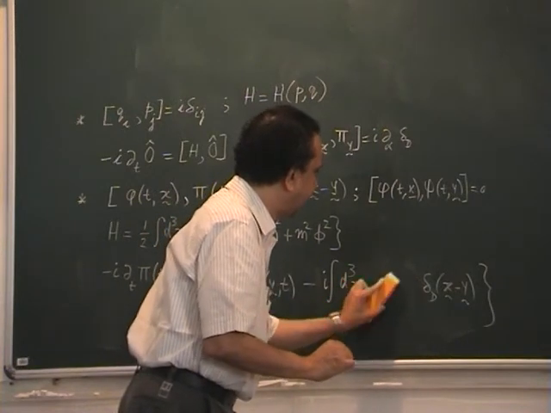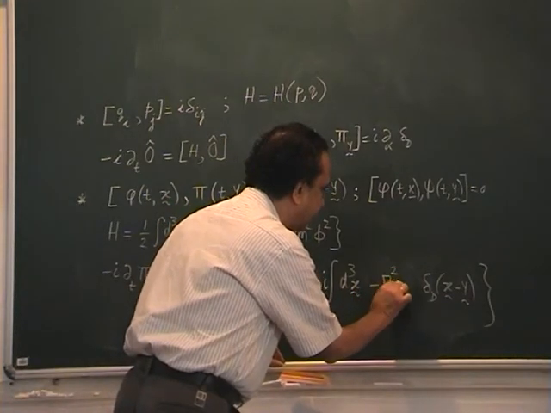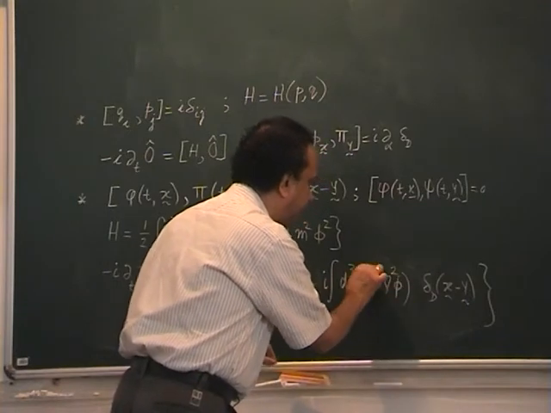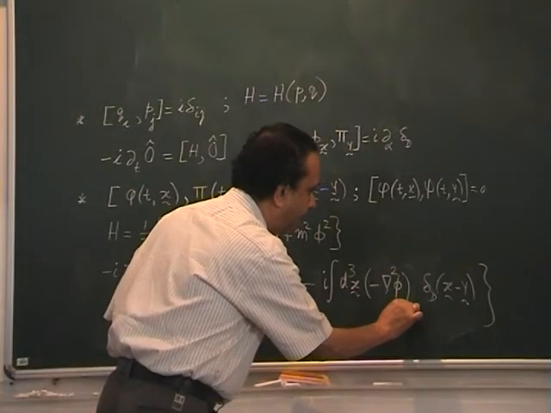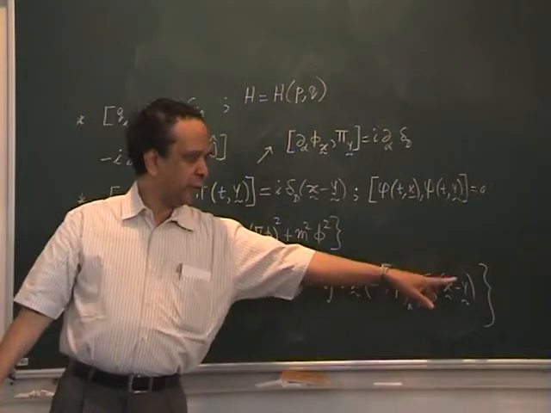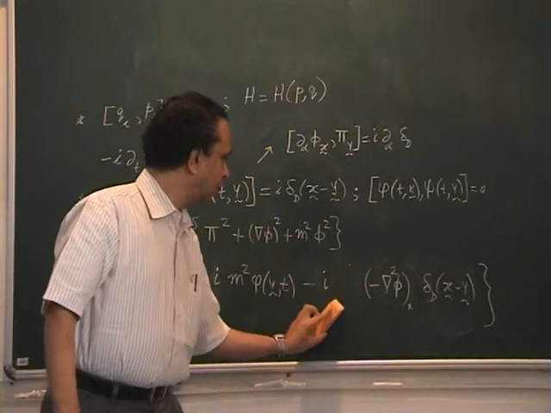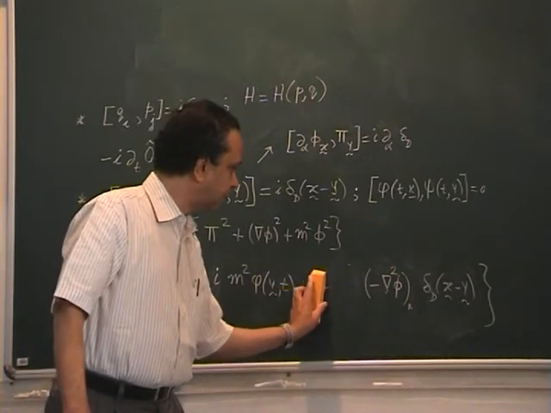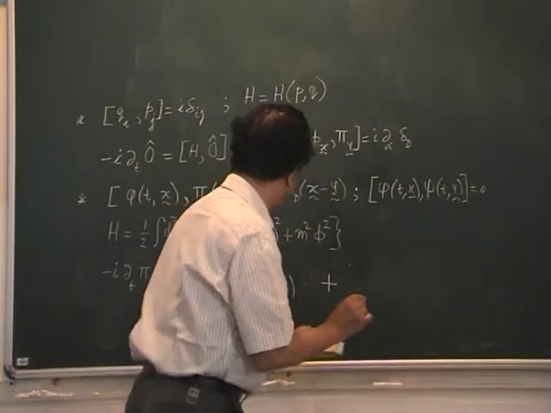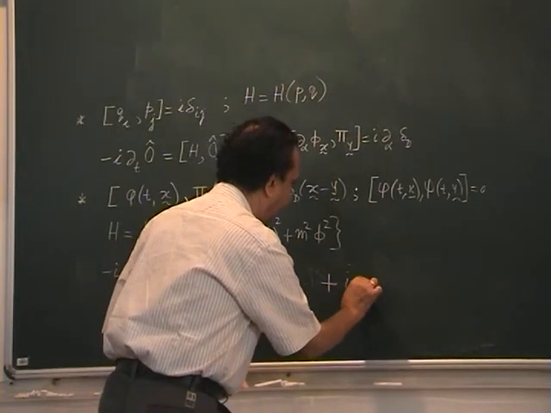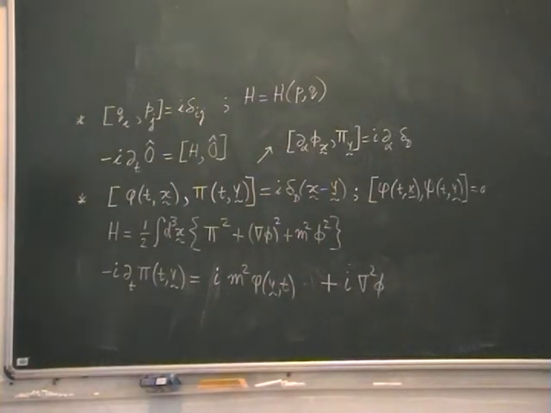So I get a d alpha, which in our notation I believe is minus del square phi. If the sign comes out wrong, we will change the sign. This is evaluated at x, and it is integrated over a Dirac delta function, so all these go away. At minus, and this will give me a plus del square phi. So let us see whether this makes sense.